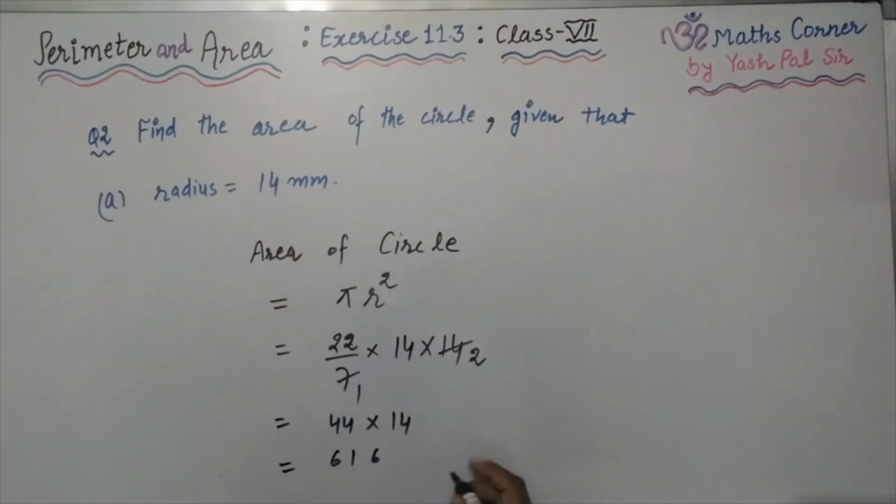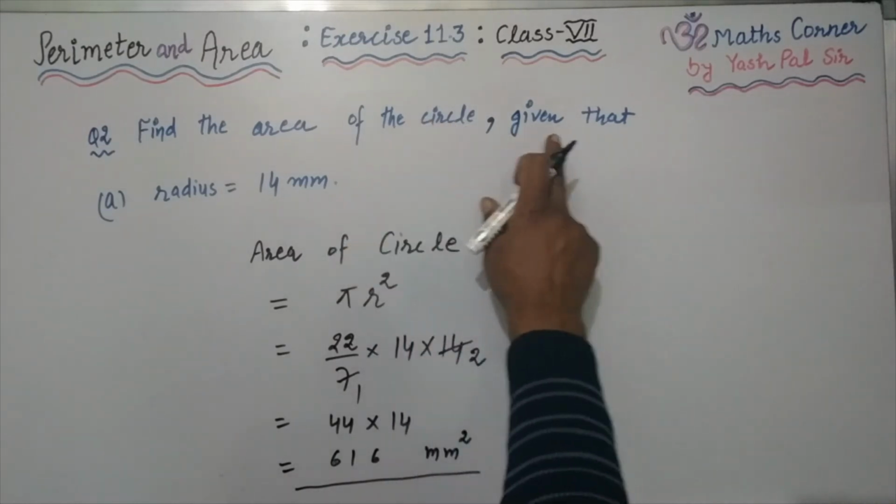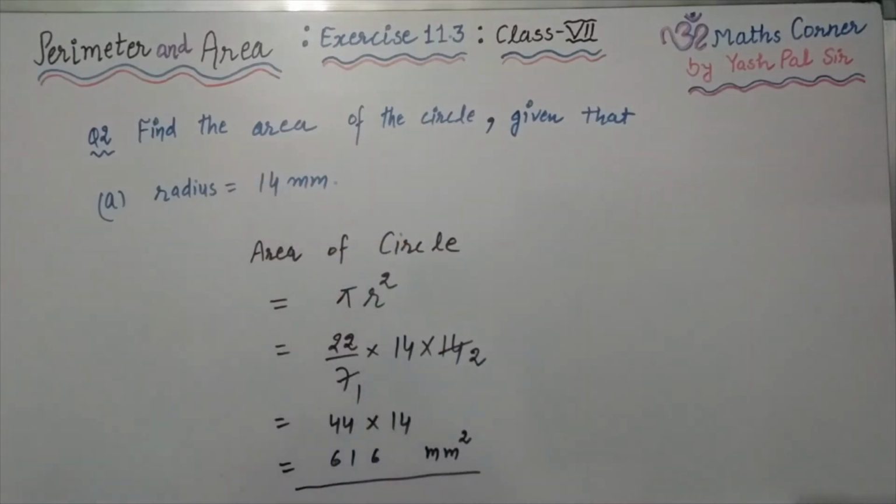This is in millimeter, so we write as millimeter square. When we discuss about area, we write this square symbol also. So 616 millimeter square is the area of the circle when radius is 14 millimeter.